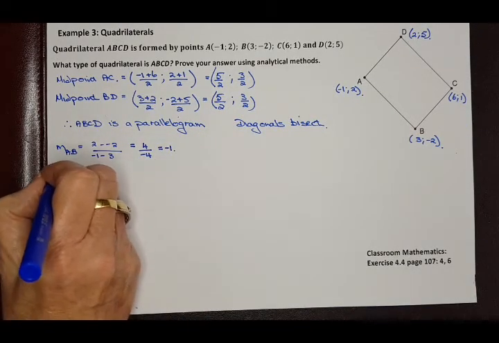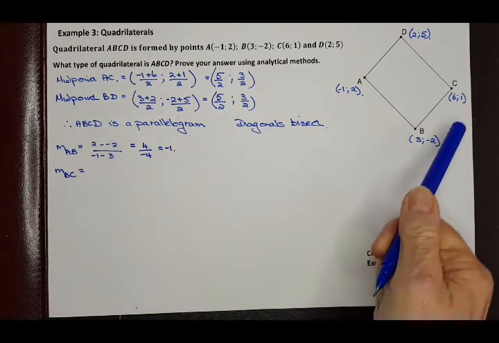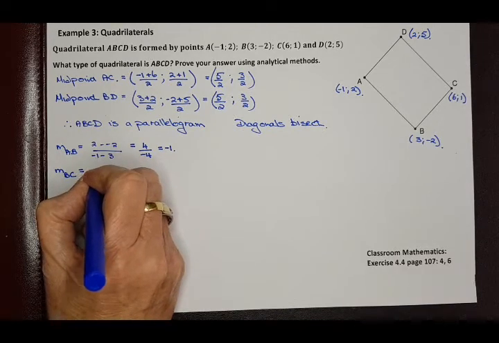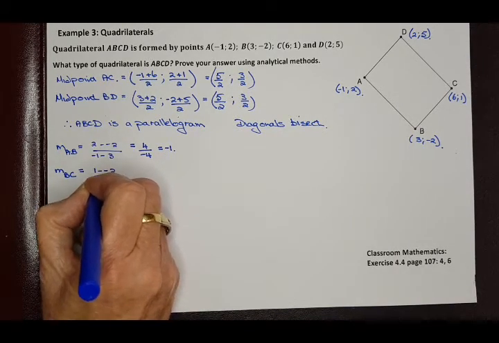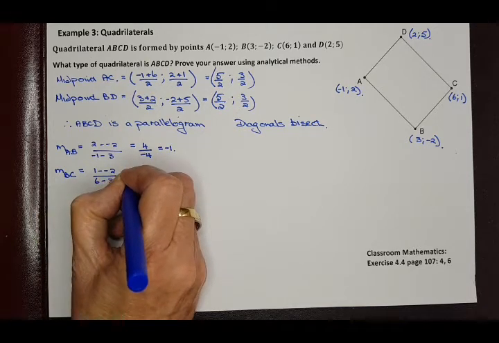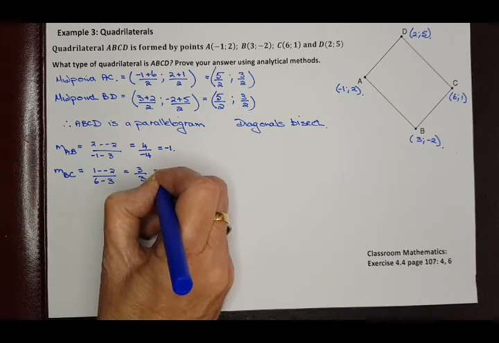If I work out the gradient of BC, again, difference in y's, I'm going to say 1 minus minus 2 all over 6 minus 3, 3 over 3, which is 1.